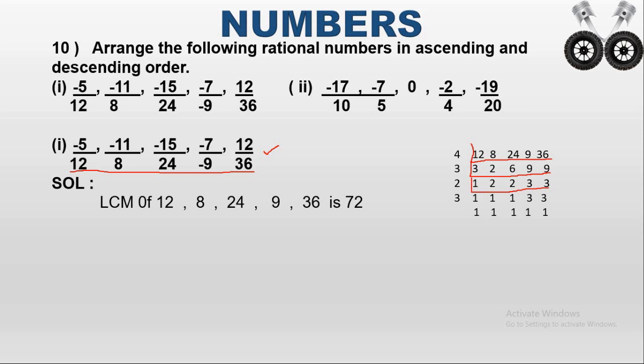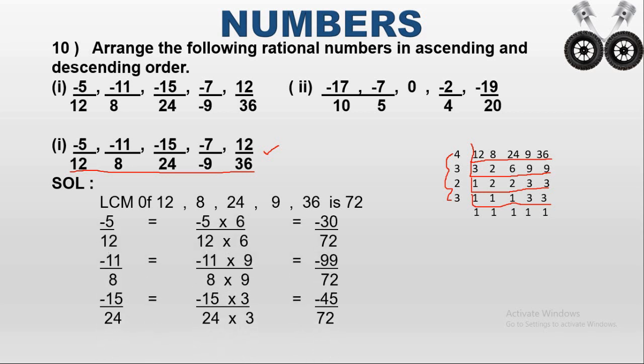The factor for 3 is 3 itself, so 1 3s are 3. Now we can find the LCM. 4 3s are 12, 12 2s are 24, and 24 into 3 is 72. So, the LCM of 12, 8, 24, 9 and 36 is 72.